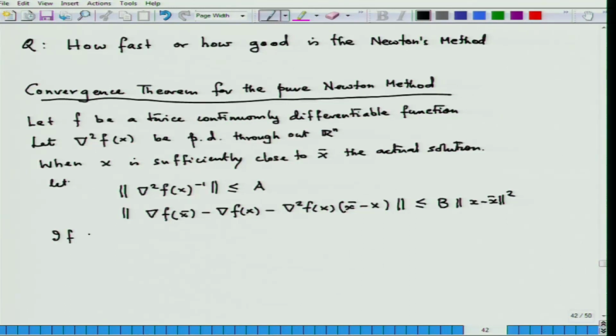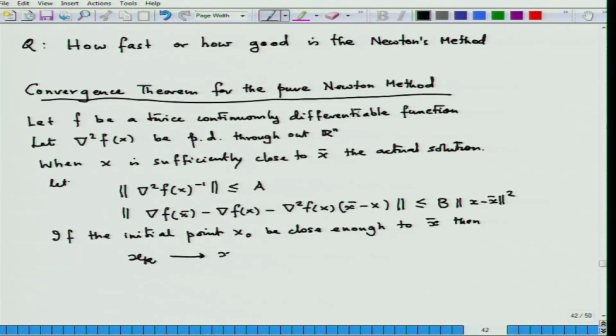So, if the initial point x naught be close enough to x bar, then x_k tends to x bar with a quadratic convergence rate.